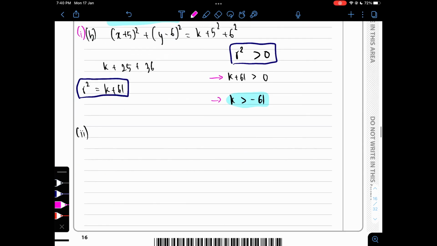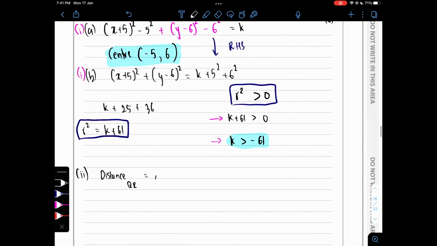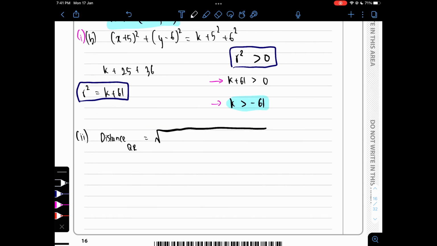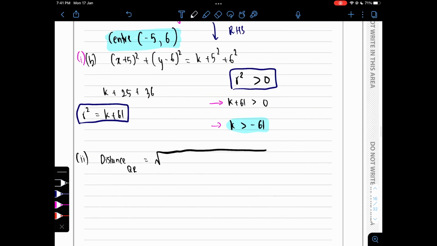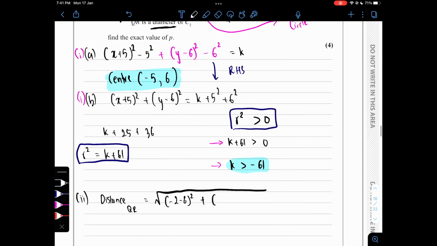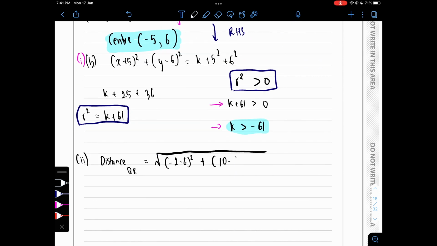So first we need to find the distance of QR. How do we do that? We have the two coordinates. That would be the square root of the differences: minus 2 minus 8, whole squared, plus 10 minus 14, whole squared.